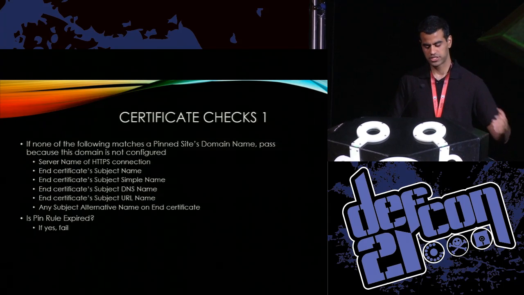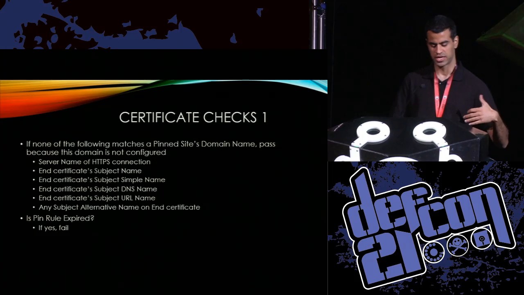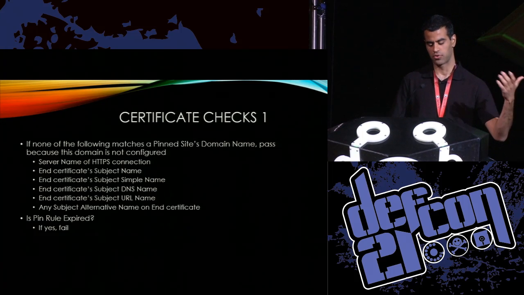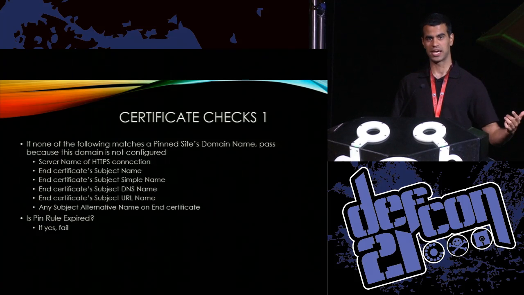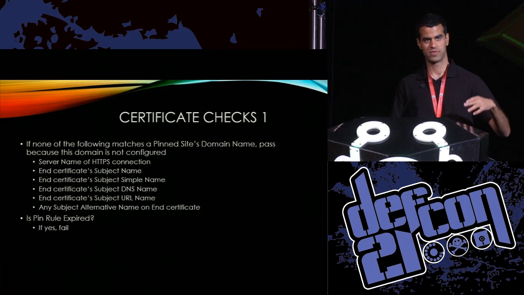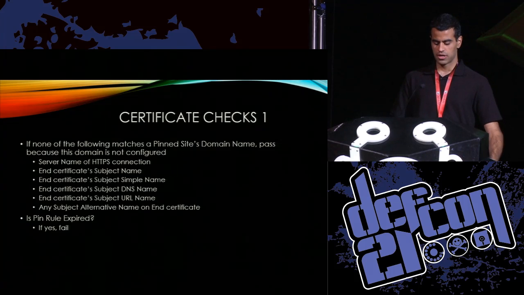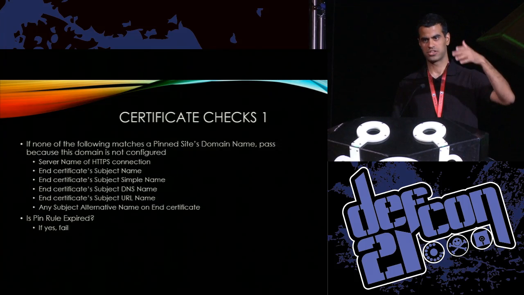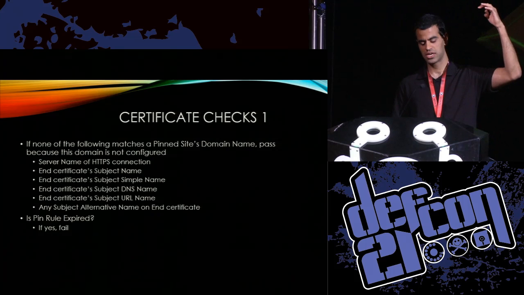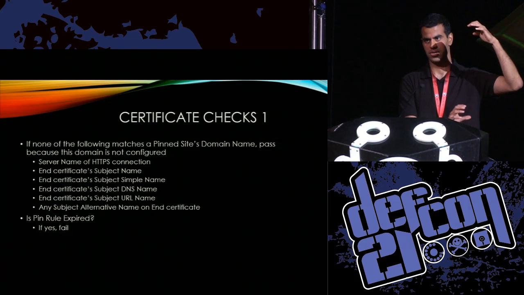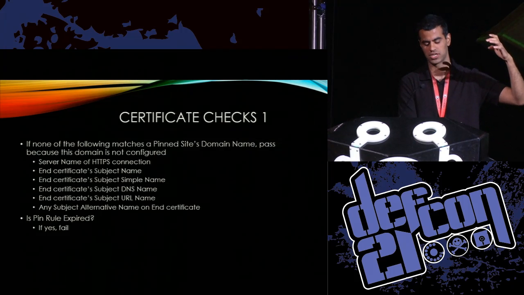So here are some checks that we do on the certificates. We check the end certificate and different properties of it, like the subject name, the DNS name, or other things in there, and we make sure that it matches a pinned site that's configured for EMET. A root certificate is what I showed you earlier as the root of the tree, and the end certificate is the certificate that the HTTPS server gives us.